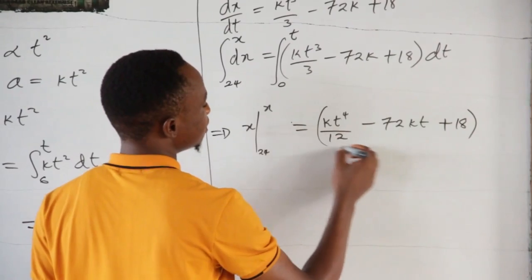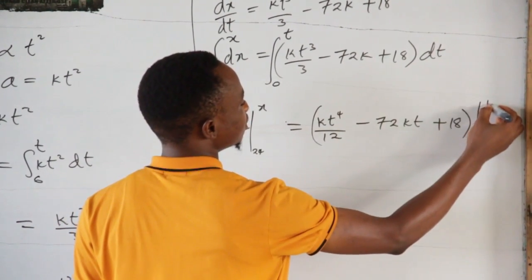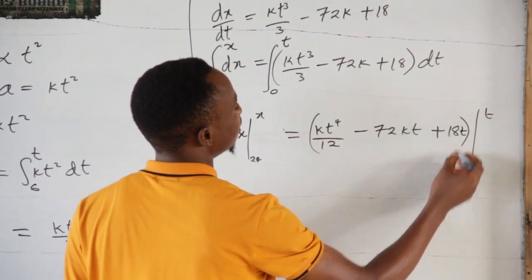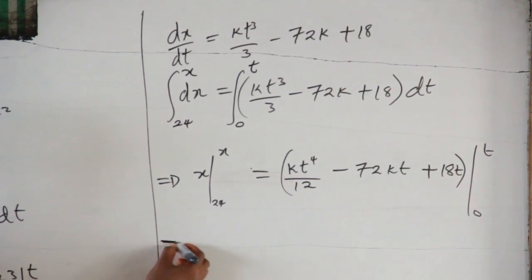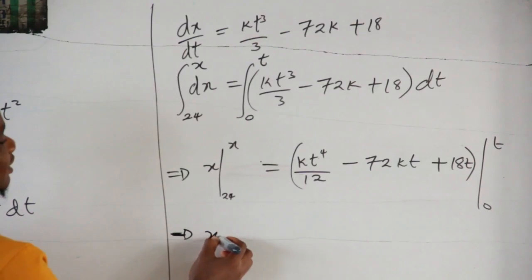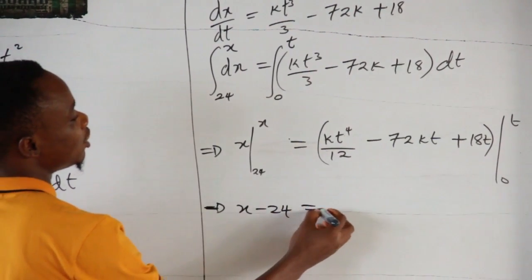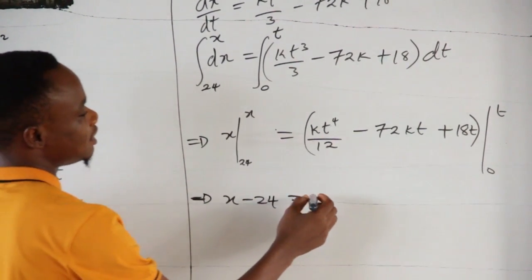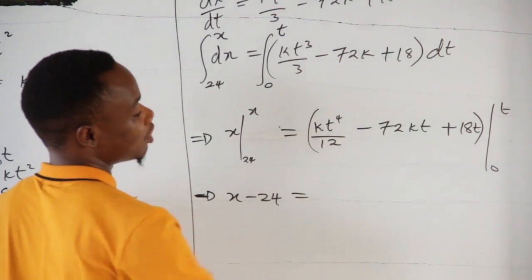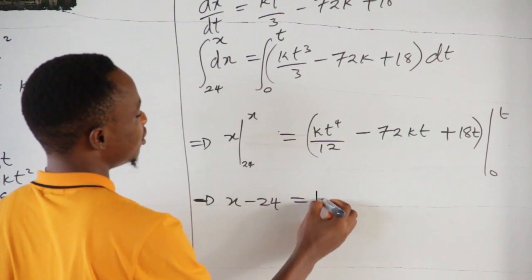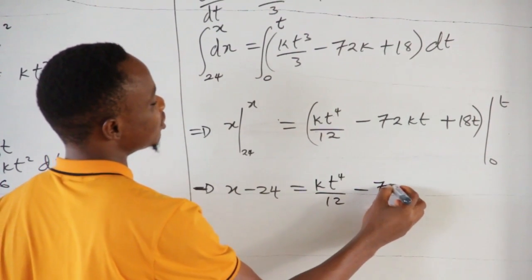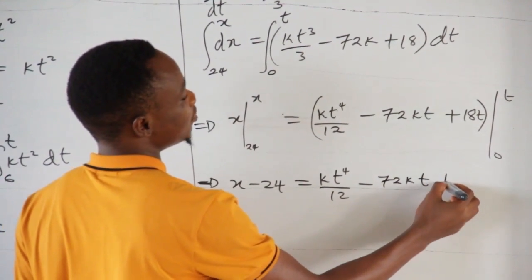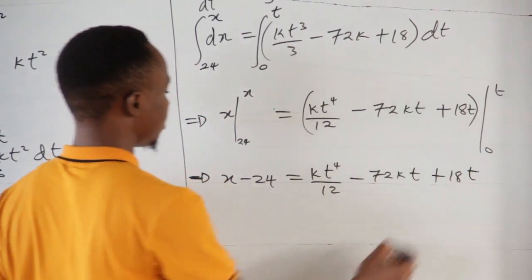So I will run this from 0 to t. So I'll carry on the integration and we will get x minus 24 equals, I'll put in t. When I put in 0, everything is going to be 0, so I don't have to bother about 0. So this is going to be kt to the power 4 over 12 minus 72kt plus 18t.